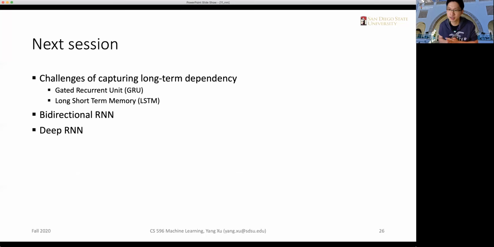And the LSTM is, I believe, the most frequently used variant of gated recurrent unit. And also, we'll quickly cover the bidirectional RNN and the deep RNNs on top of the LSTM and the GRUs we introduced.